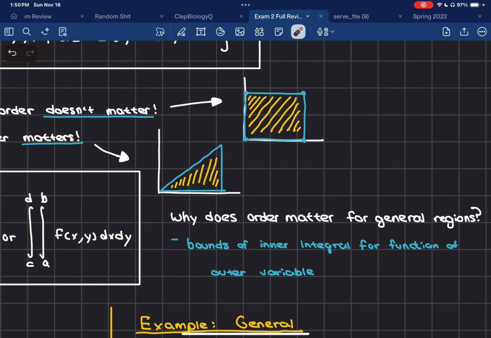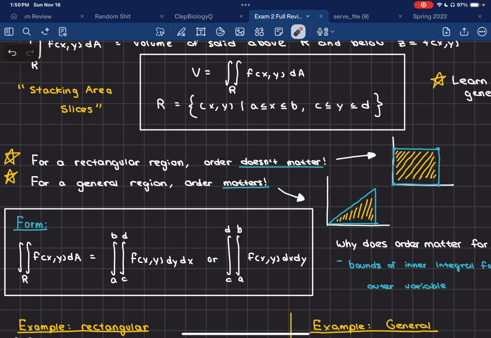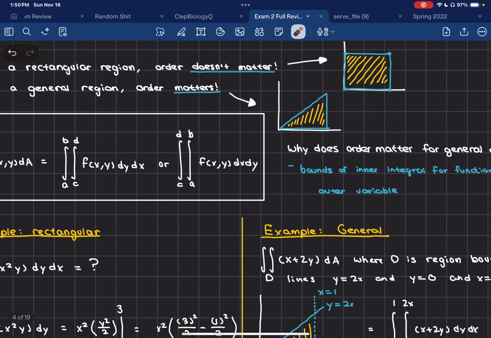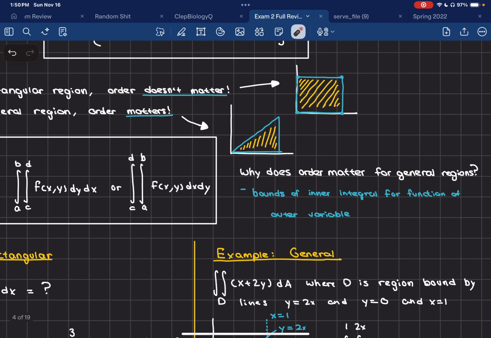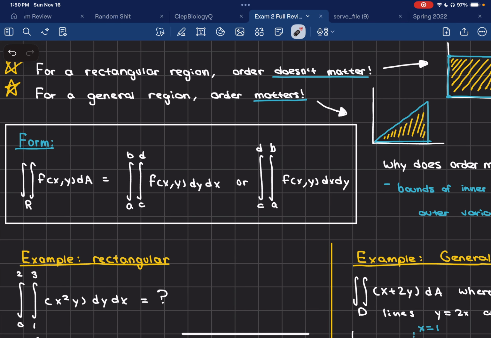Why does it matter? Kind of what I just said right there. The bounds of the inner integral will always be a function of the outer variable. So that's the form right there.